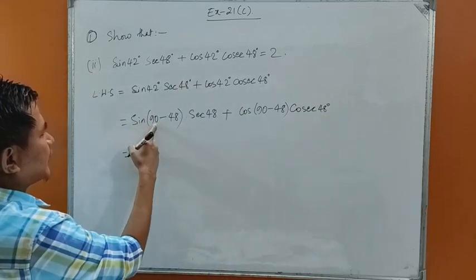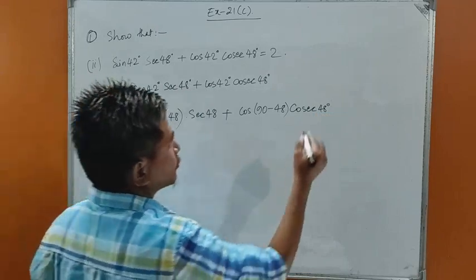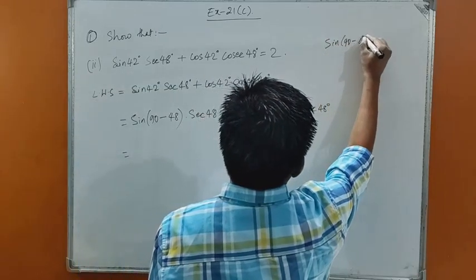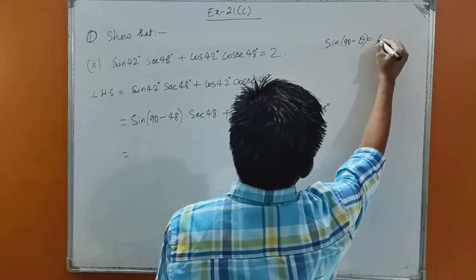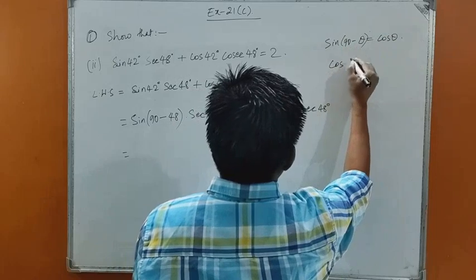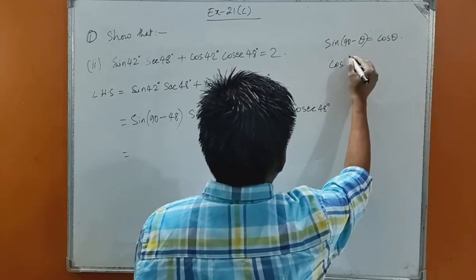So sin 90 minus theta is cos theta, isn't it? We know this formula. Sin 90 minus theta equals cos theta, and cos 90 minus theta equals sin theta.